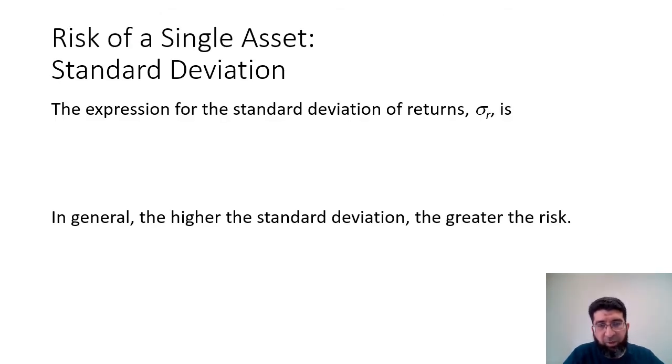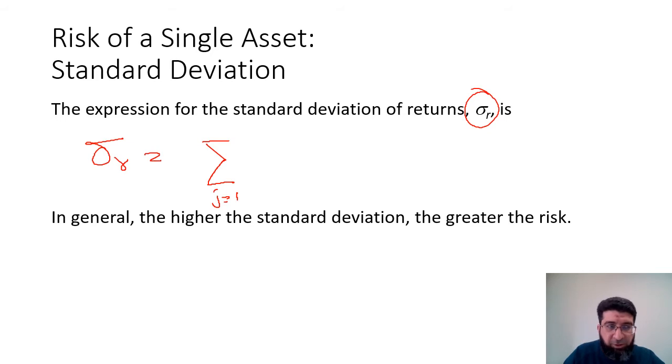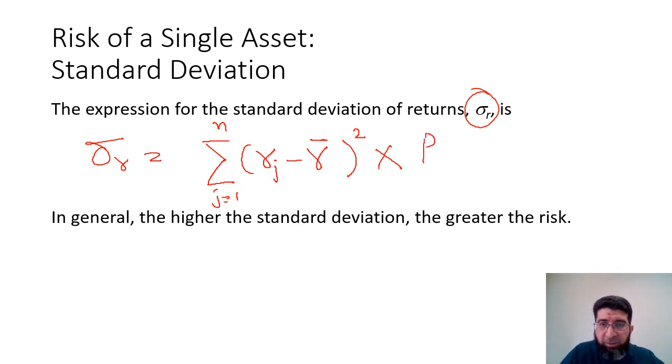Let's formally write the standard deviation of returns, which is normally represented by sigma r. So sigma r equals the square root of the sum of returns, j equal to 1 to n, of (r j minus r bar) squared, and then we have the probability of r j. Please note it as r, not gamma; it's about my writing.